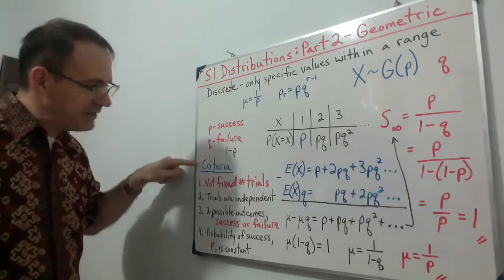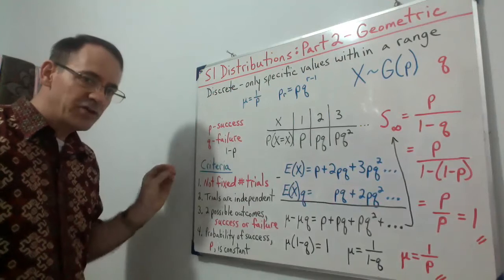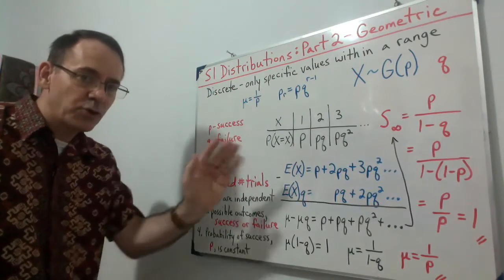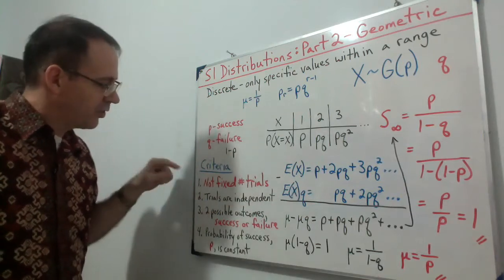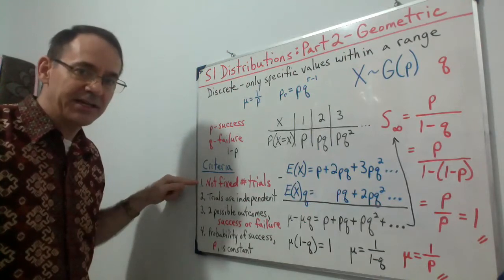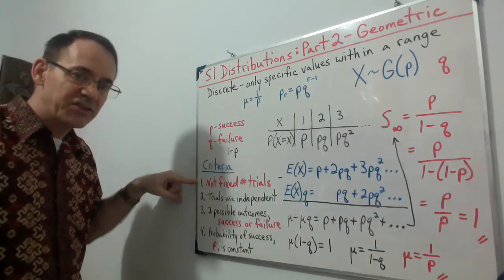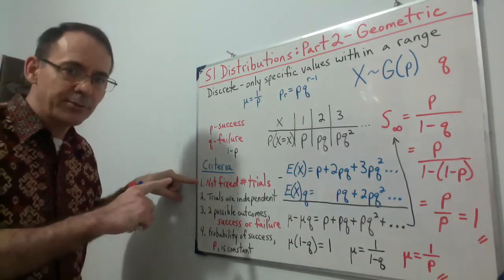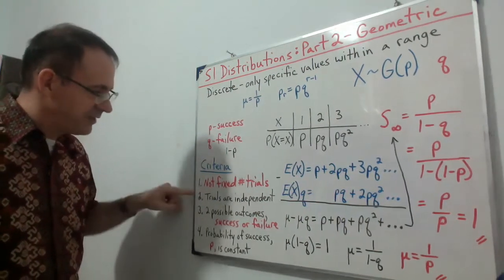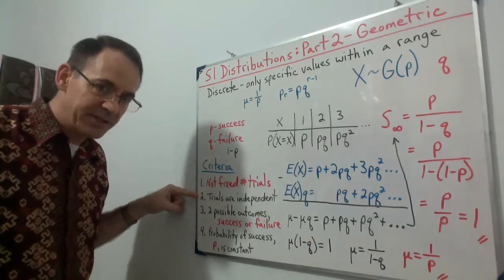So the criteria for geometric: it's not a fixed number of trials. In other words, it can go on indefinitely, off towards infinity. So you will not have a number of trials stated like you did with binomial. That is going to be your key point in distinguishing between the binomial distribution and geometric. As far as the rest of these, they remain the same. The trials are still independent of each other.